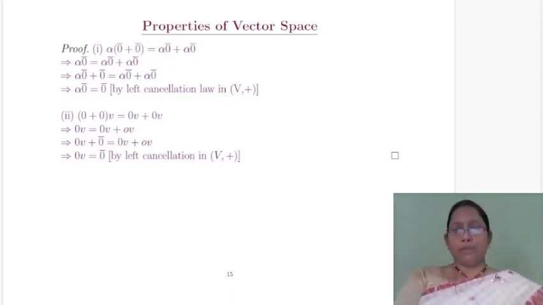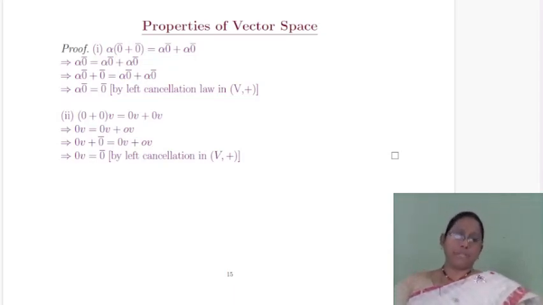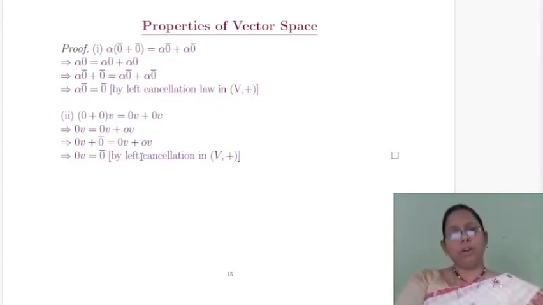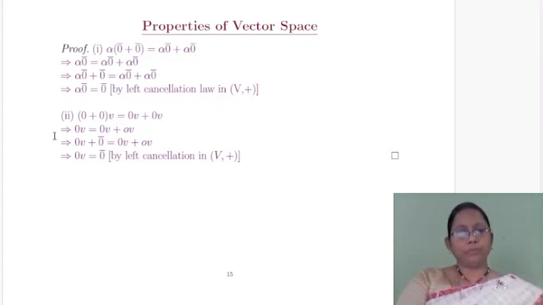Now take the second one, 0v is equal to the 0 vector. I am taking the left hand side 0v. By using the definition of additive identity in F, 0 can be written as 0 plus 0, so (0 plus 0)v is equal to 0v plus 0v. Since 0 is the additive identity, 0 plus 0 is equal to 0. This implies 0v is equal to 0v plus 0v.